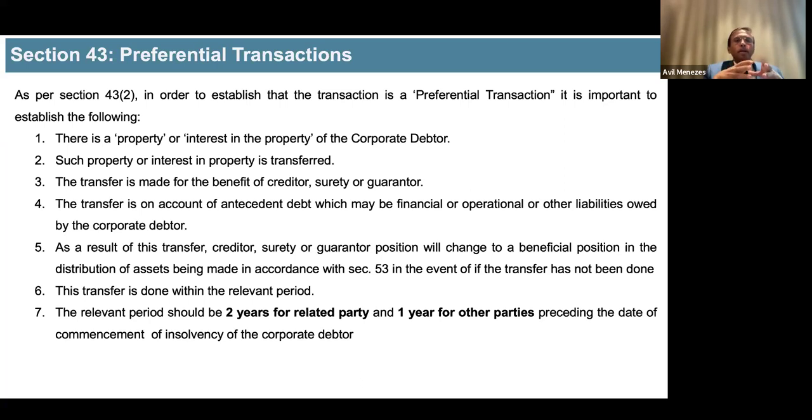The corporate debtor had given its assets for the debt of a group company, and nothing new came to the corporate debtor. So this was a very clear case of preference for the benefit of the creditor of the subsidiary company, the associate company, and this went right up to the Supreme Court, and the Supreme Court upheld the view of the RP in this case.